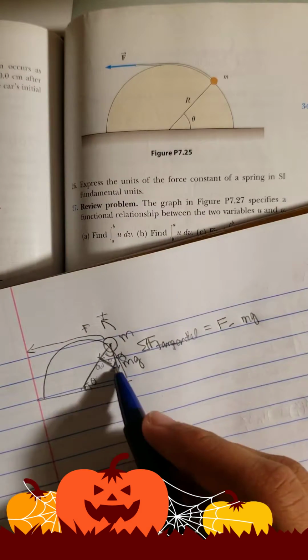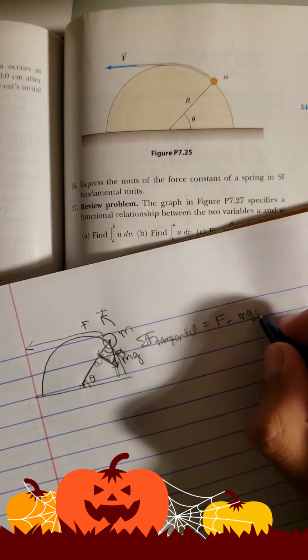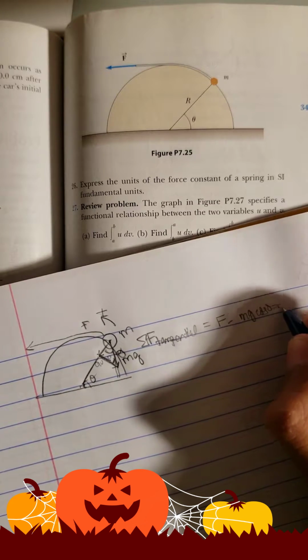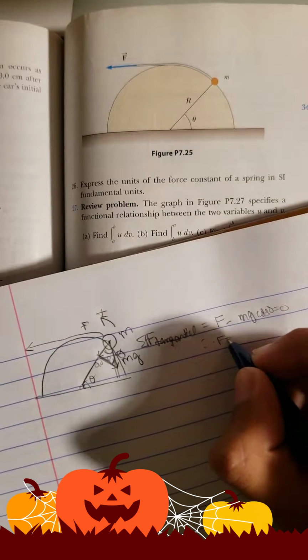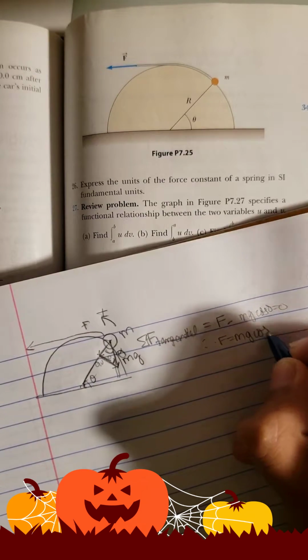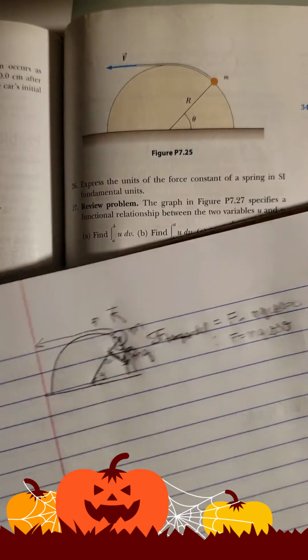So this was cosine theta, right? Because this is theta. Cosine theta equals 0. Therefore, force equals mg cosine theta. So we've done the first part.